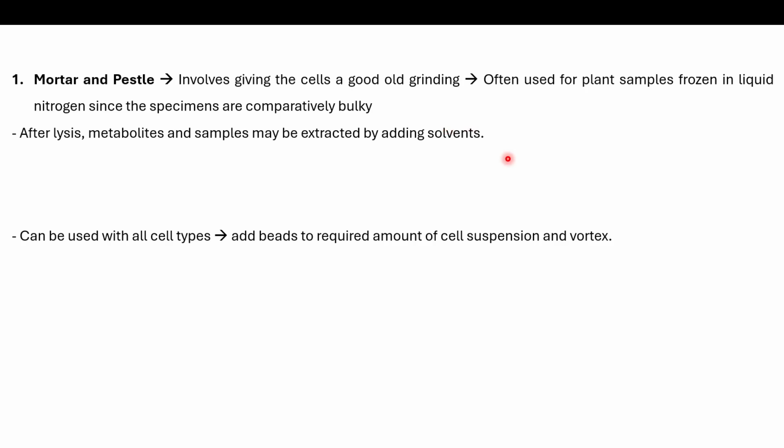The lysis can be a little harsh. First is a simple mortar and pestle, like you usually get in Indian homes. Similarly, the cells can be lysed using a mortar and pestle.